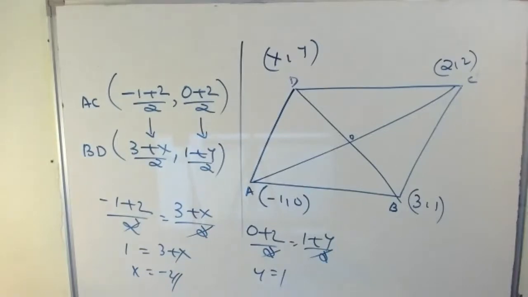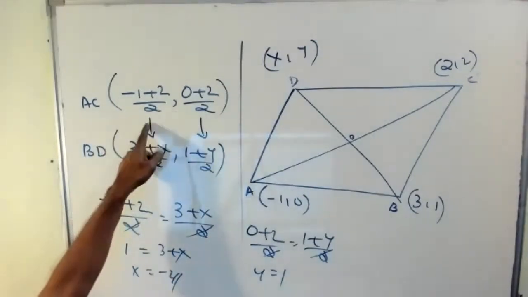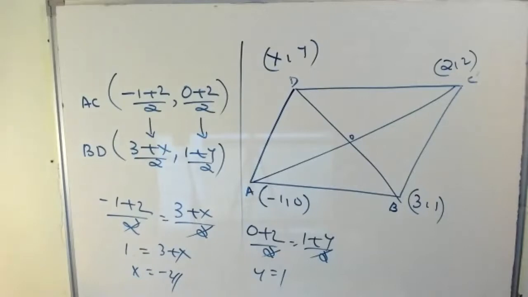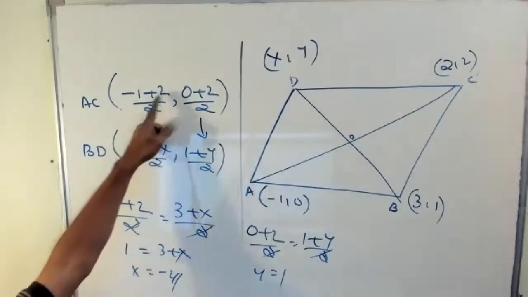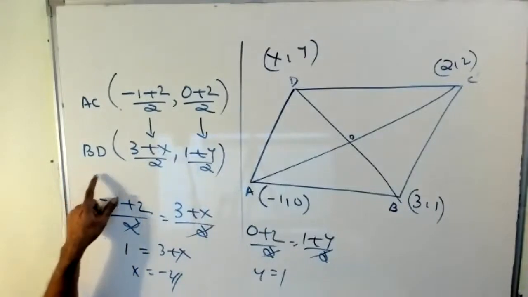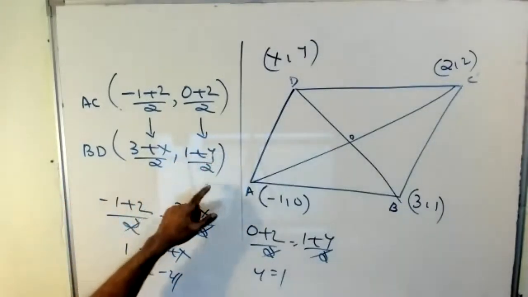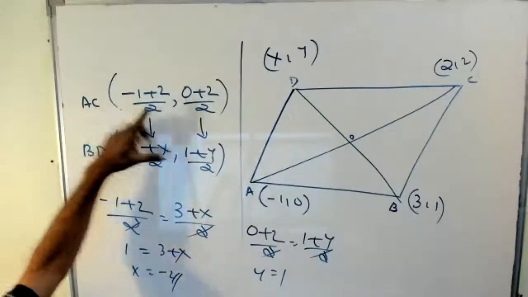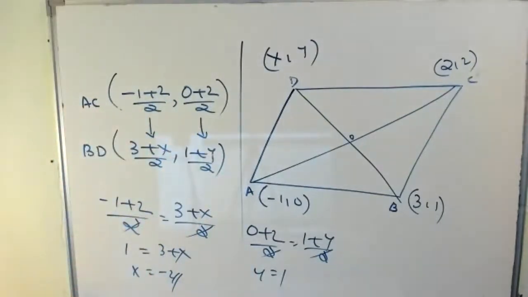X1 plus X2 by 2, Y1 plus Y2 by 2. -1 plus 2 by 2, 0 plus 2 by 2. Midpoint of BD: 3 plus x by 2, 1 plus y by 2. Equate this, you get the answer. Now you check it. I'll wait.